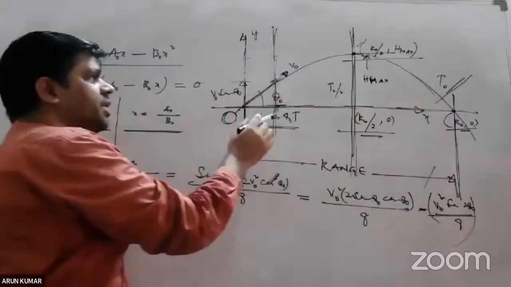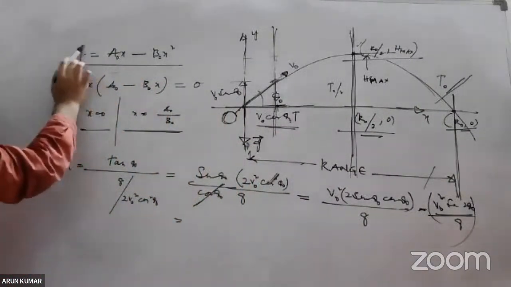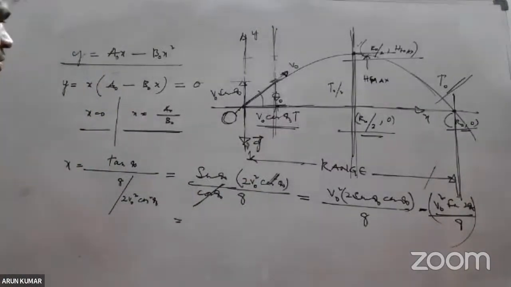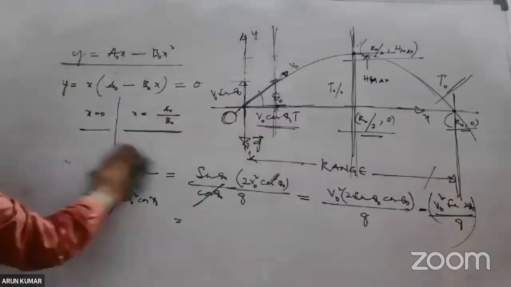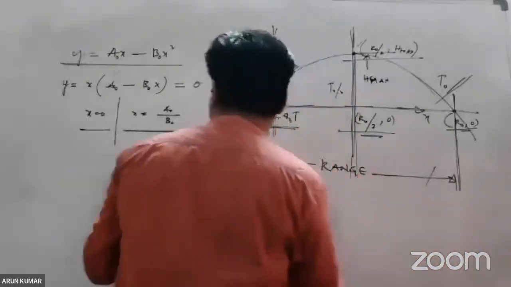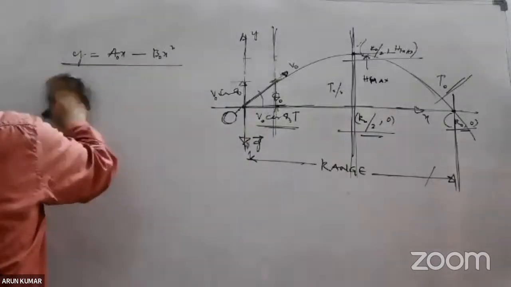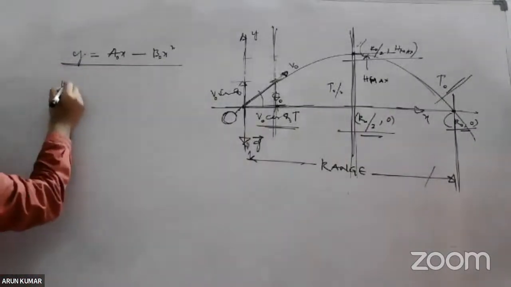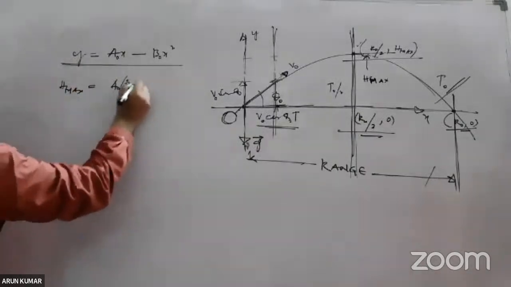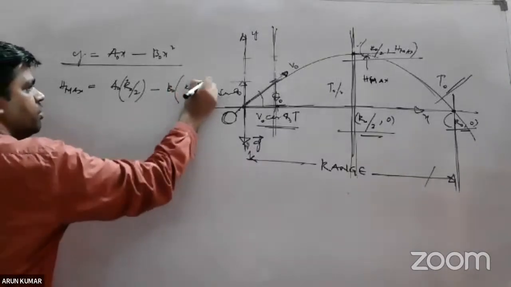If I substitute r0/2 in this equation, I'll get h max. Let us quickly substitute and simplify that. What is h max, the maximum height? So how do I write it? h max is equal to a0 into r0/2 minus b0 into r0/2 whole square.